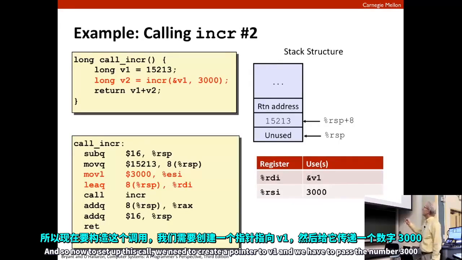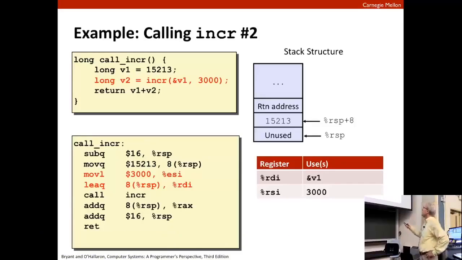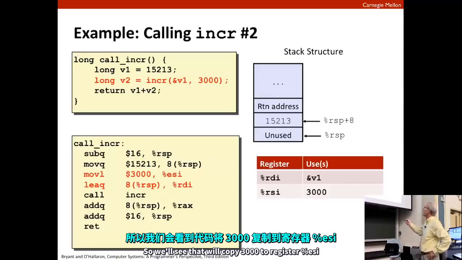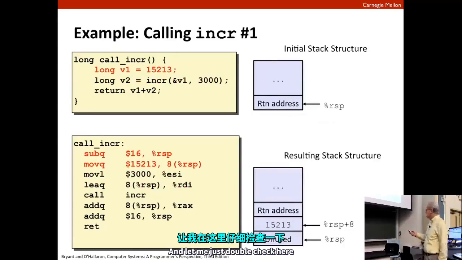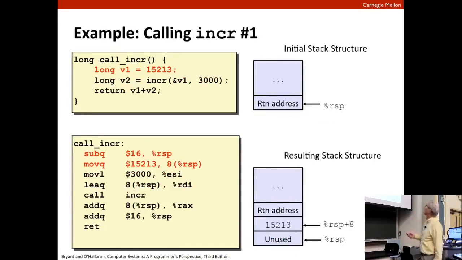And so now to set up this call, we need to create a pointer to v1, and we have to pass the number 3000. So we'll see that we'll copy 3000 to register ESI.